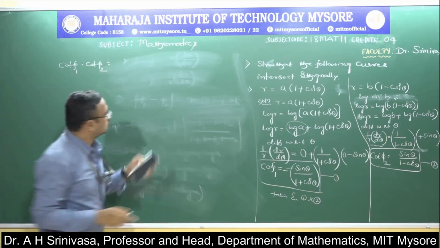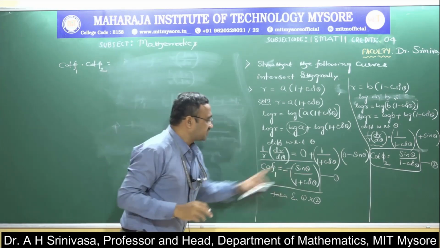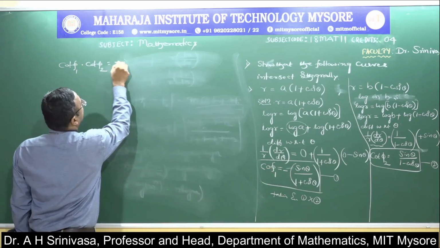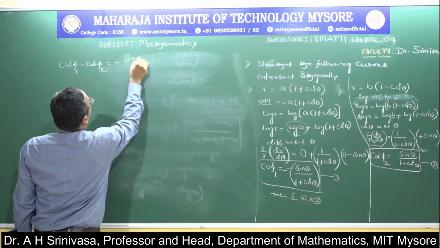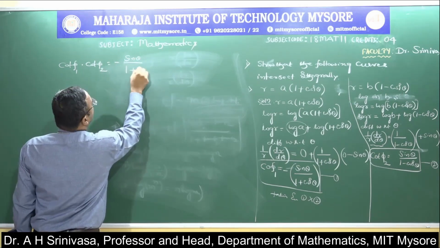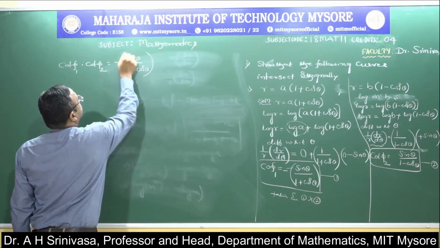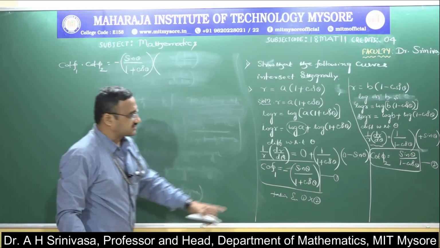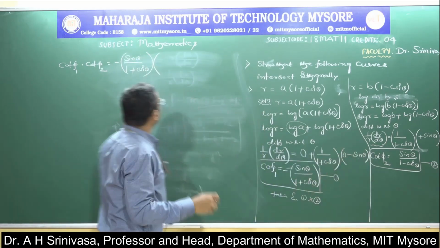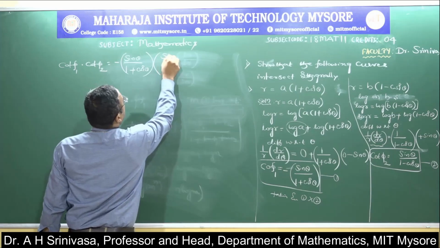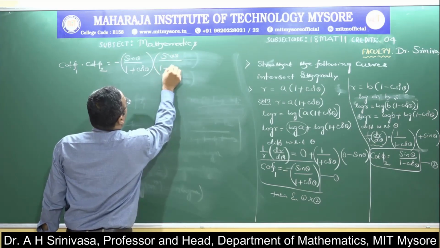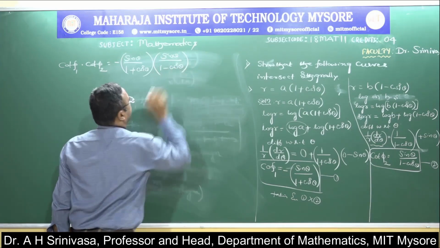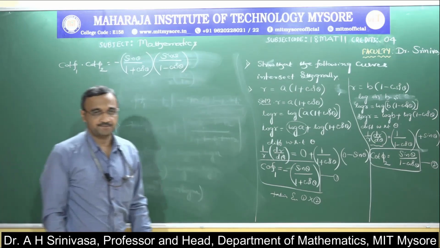If you take a product of those 2 terms, from this side we have minus sin theta divided by 1 plus cos theta, then another equation, sin theta divided by 1 minus cos theta. Clear?